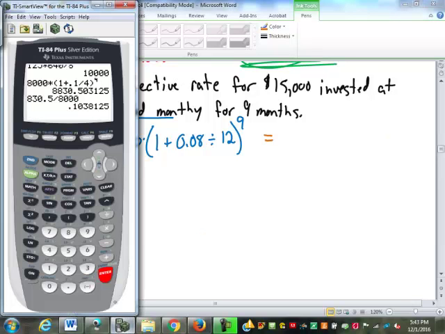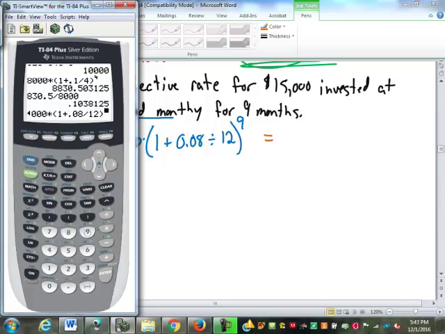Okay. Yeah, if you're doing simple interest, you'd have to do the 9/12 as your time. Okay, in one of my examples it says find the effective rate for 6% compounded monthly for 4 months. Yep.